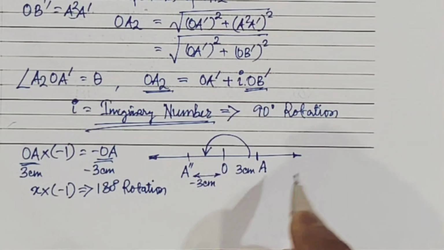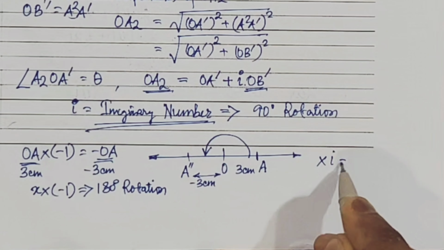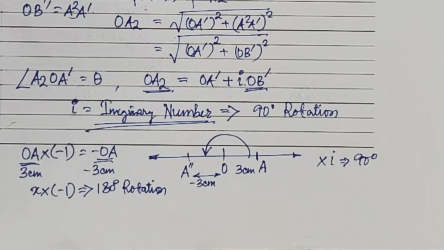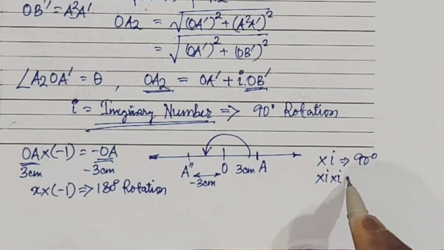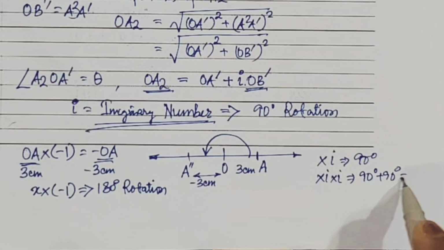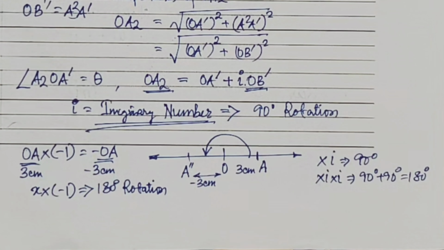So, if multiplying by i indicates a rotation of 90 degrees, then if I multiply the same number by i again, definitely it is 90 degree plus 90 degree rotation, which is a 180 degree rotation. Now we know that 180 degree rotation is basically multiplying something with minus 1.